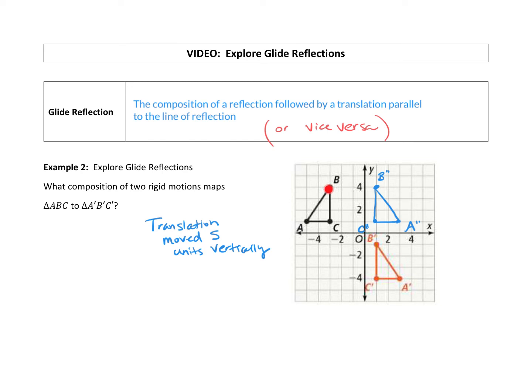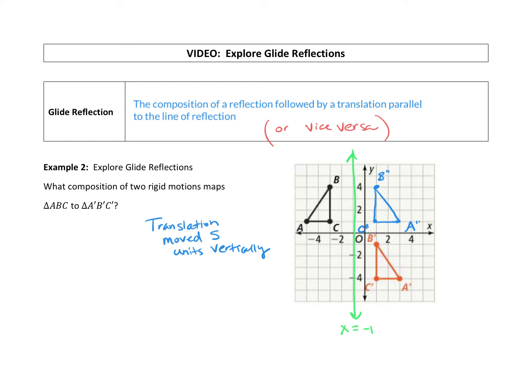So it's going to be halfway between B and B double prime. I'm going to count the spaces between. We've got 1, 2, 3, 4. Half of 4 is 2, so if I go 2 over, that's where the line of reflection will be. I'm going to go ahead and draw in that line of reflection. You can draw it solid or dotted, doesn't really matter. And that line, because it's crossing through the x-axis, is x equals -1.